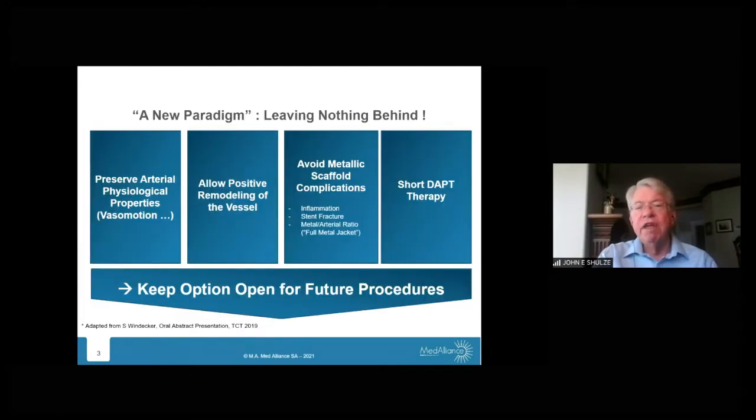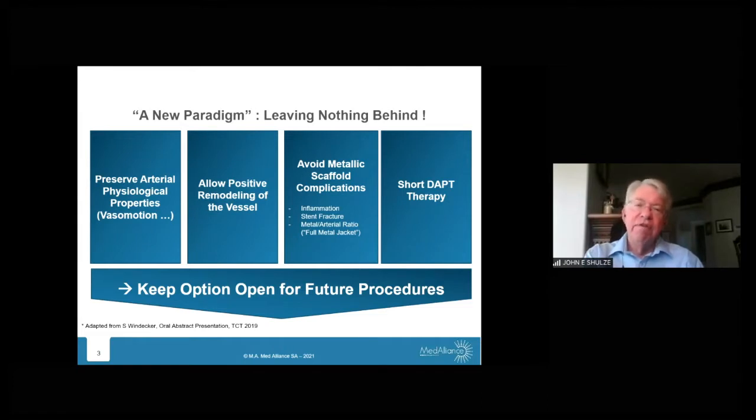So we think there's a potentially developing new paradigm in a large number of coronary patients, where we can actually preserve arterial physiology, in other words, vasomotion, by applying a drug-coated balloon instead of a stent scaffold, which will allow for positive remodeling and avoid scaffold complications such as inflammation, prolonged use of dual antiplatelet therapy, a potential for stent fracture, and in some cases avoiding a full metal jacket.